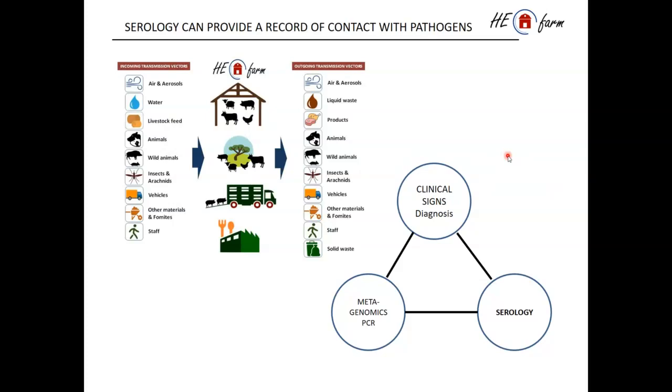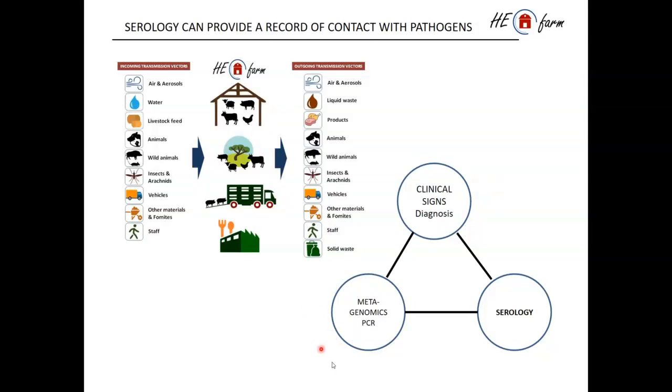So, in the context of the HeFarm project, the project is based on the risk evaluation for the input and the exit of the pathogens, and I think this is centered on three things. The work in the project is first based on the clinical signs, which is a classical way of approaching diseases in farms.